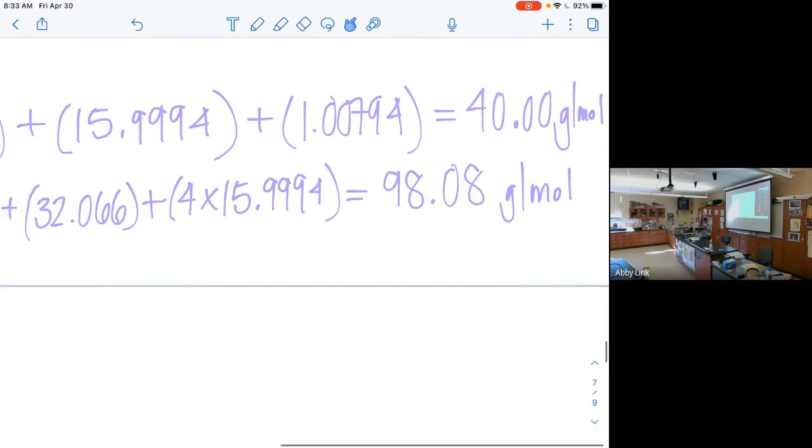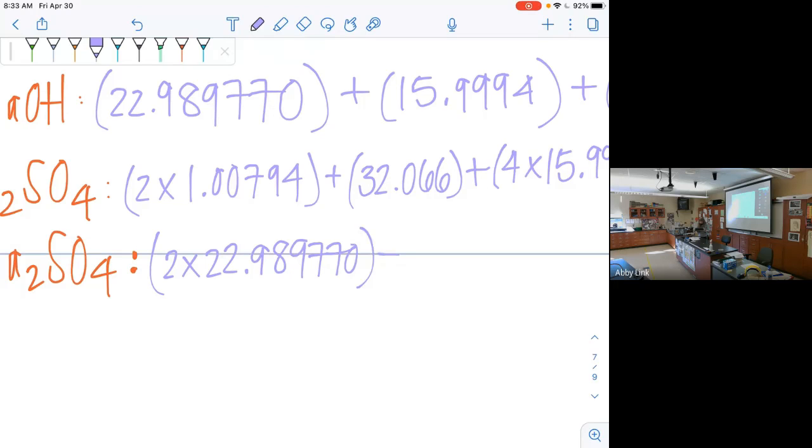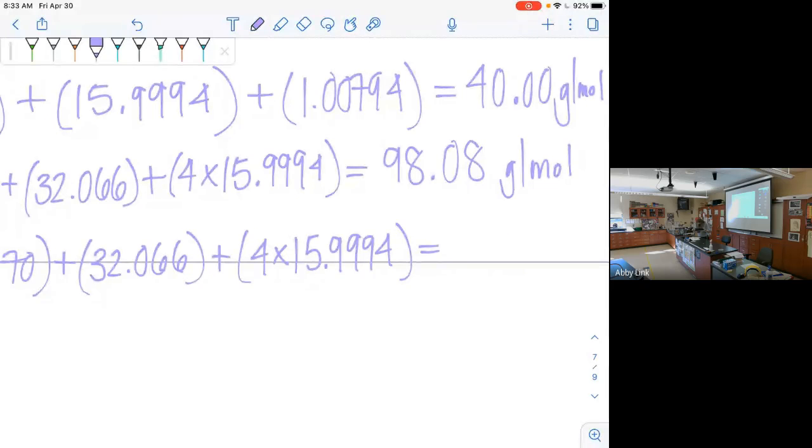All right. Last, I'm going to do the molar mass for my Na2SO4. 2 times the mass of sodium, 22.989770, plus sulfur is 32.066, plus 4 times the mass of oxygen, 15.9994. All right, and that comes out to be 142.04.